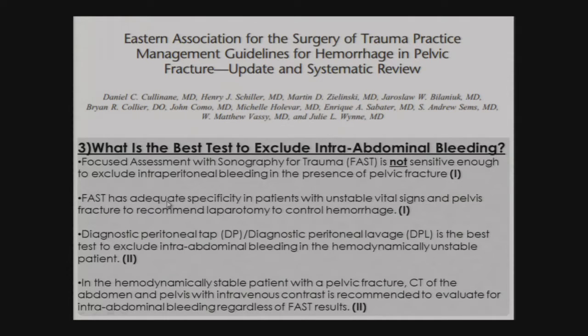And then DPL is the best test to exclude intra-abdominal bleeding in the hemodynamically unstable patient. I'm not really sure why they included that, because they have a review algorithm in the end where it's pretty much universally not undertaken.